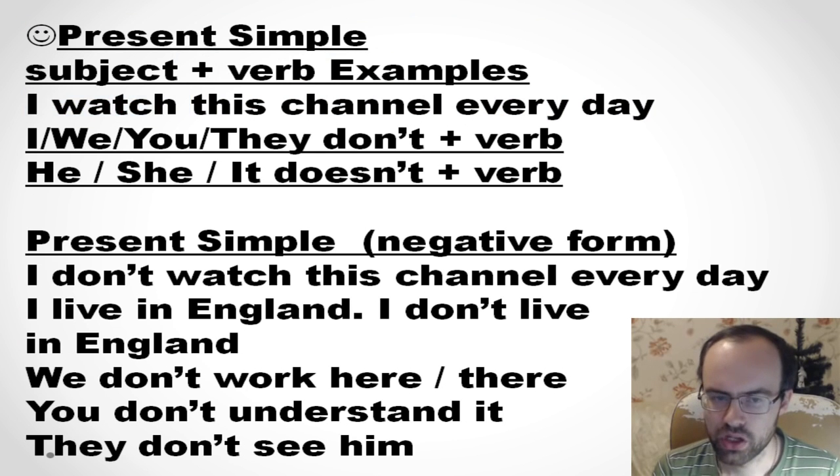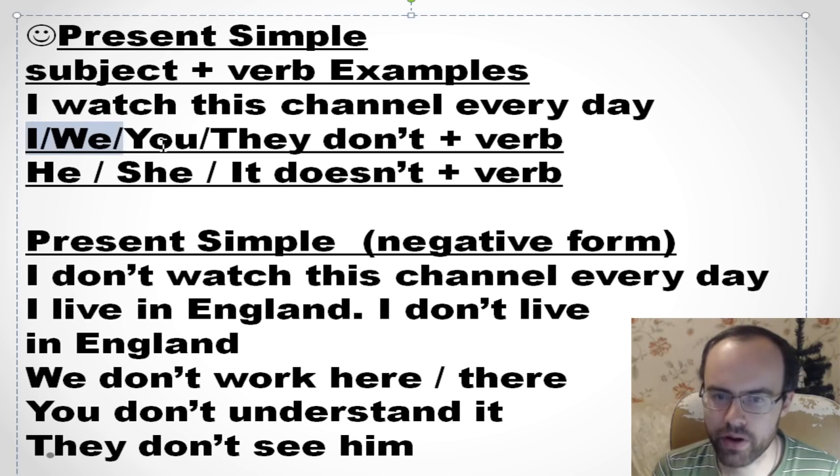Okay, good. So how to make a negative sentence in present simple, okay? So if you have a verb, so you use don't or doesn't before a verb. So you use don't with I, we, you, they, and doesn't with he, she, it, okay?